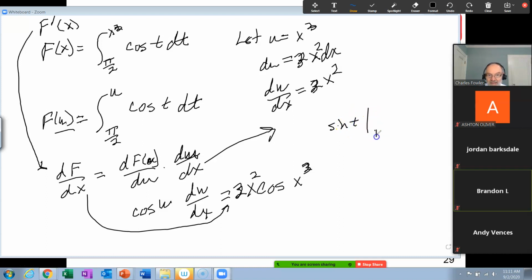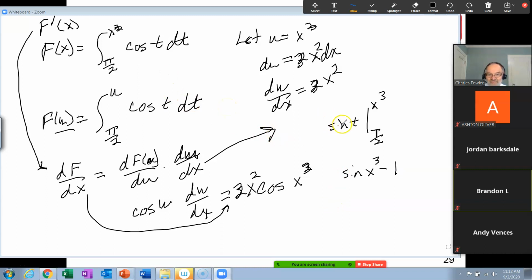Evaluate that from pi halves to x cubed. This time we'll write it right. So this will be sine of x cubed minus the sine of pi halves. So sine of pi halves is 1. Then that's your f of x.